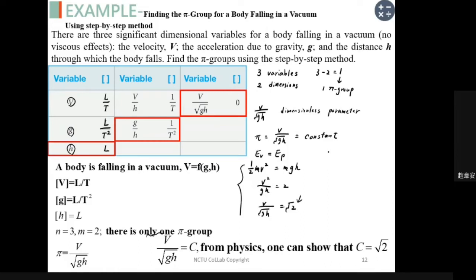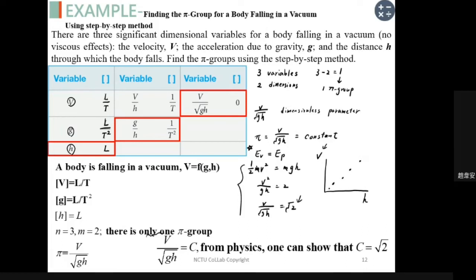But if we didn't know the basic ideas for the energy balance, there is a simple way: we can conduct a laboratory experiment. We just measure the velocities, dropping our ball from different heights, and then we can measure different laboratory data points.